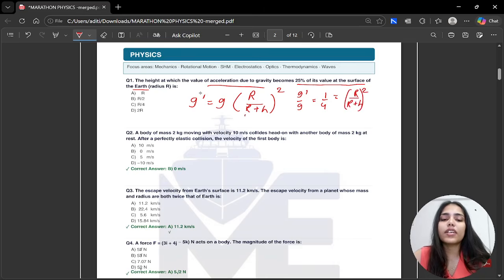So we can write it as 1 by 2 equals R upon R plus h. So that gives us 2R equals R plus h. So that gives us R is equal to h, right? So at height h equal to R, the gravitational field will become 25% of what it is initially at the surface of Earth, right?